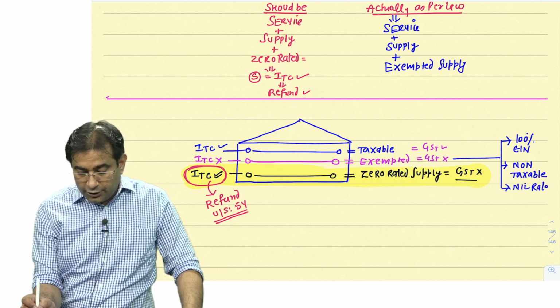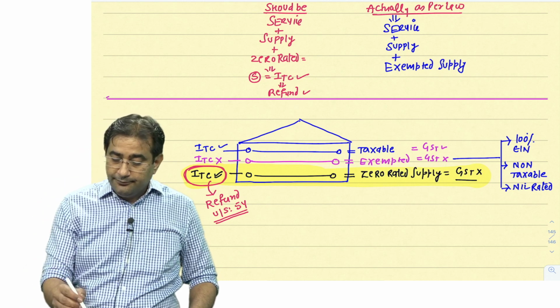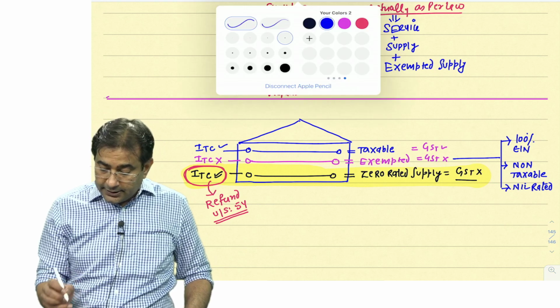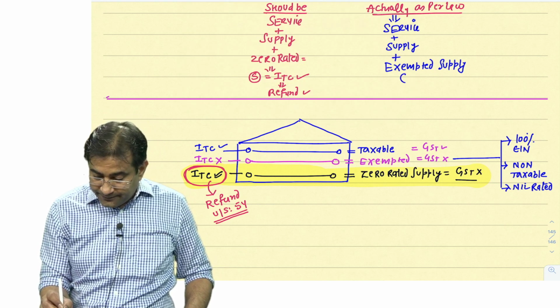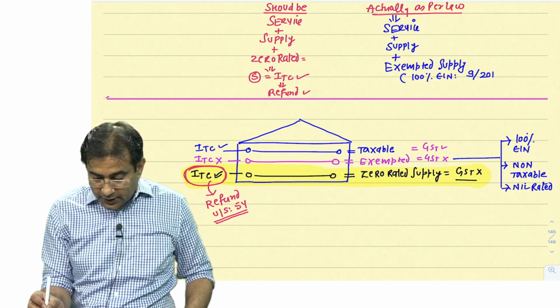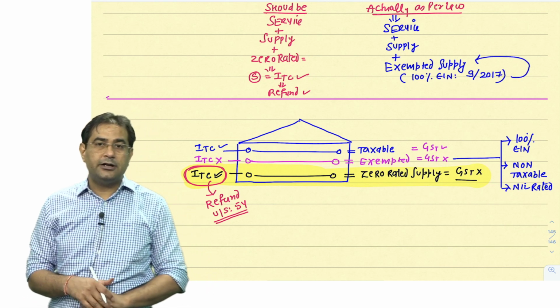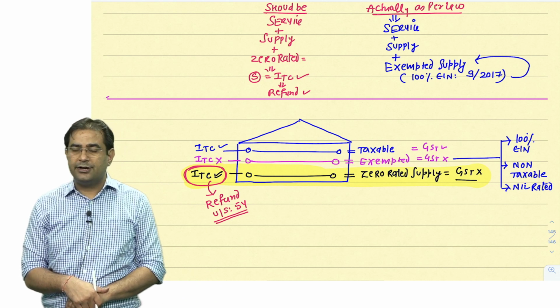There are three components of exempted supply, and here the government covers it under a 100% exemption notification, namely 9/2017. That's why it is covered under the definition of exempted supply.